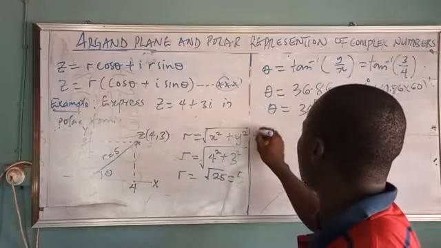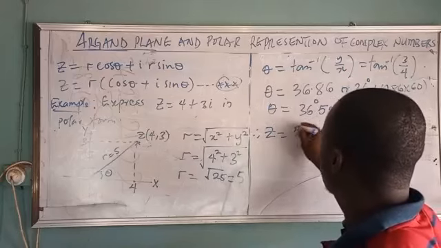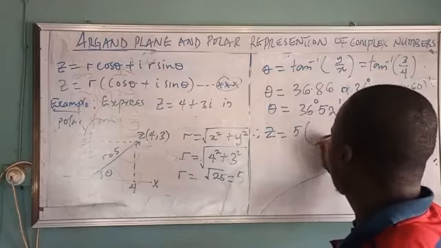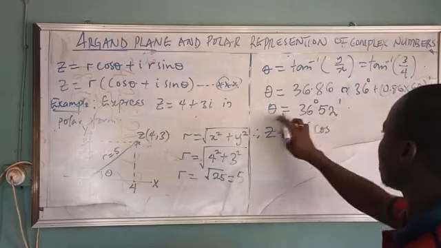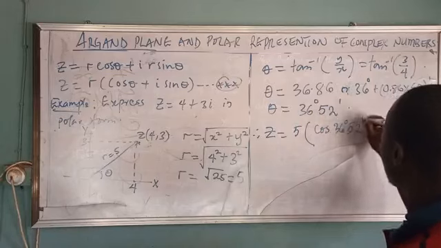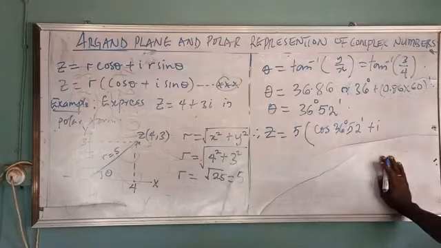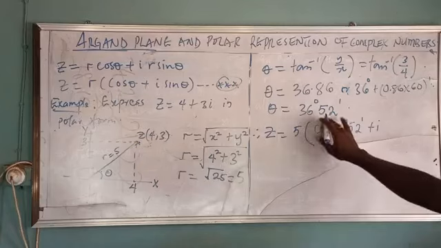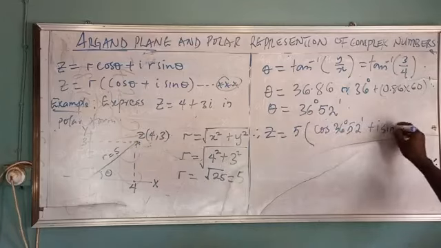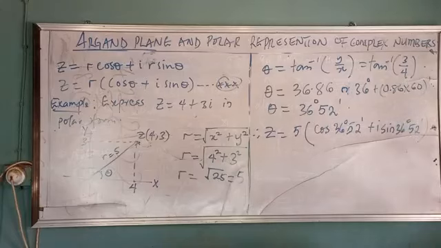So therefore your z will be equal to r, which is 5, into brackets cos of our theta, that is 36 degrees 52 minutes, plus i sine 36 degrees 52 minutes.